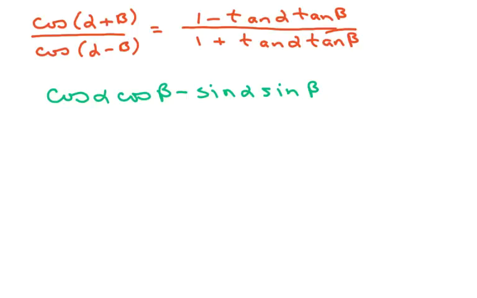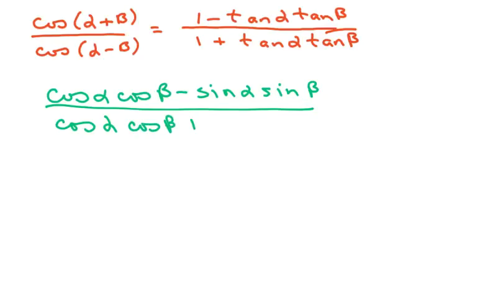I'm doing this without a script, so now this one's going to be cosine of alpha, cosine of beta, plus sine of alpha, sine of beta. Now what I want to do is, since I know I have a 1 here, I'm going to force it by dividing each of these pieces, or multiplying each of these pieces by cosine of alpha, cosine of beta.